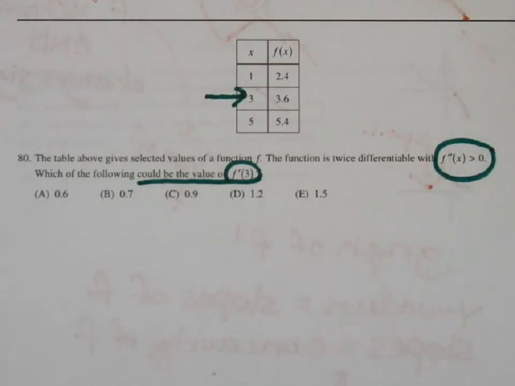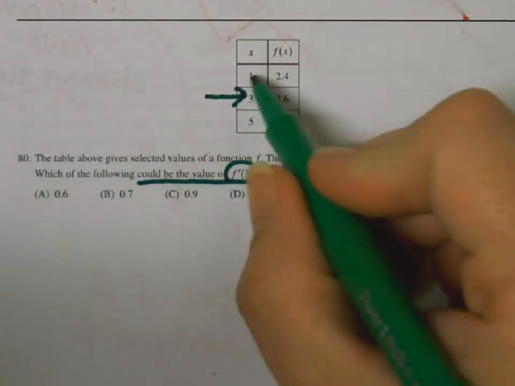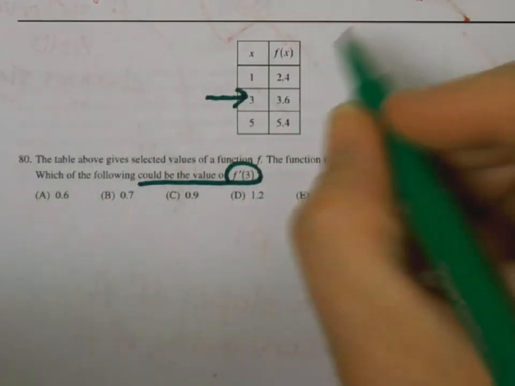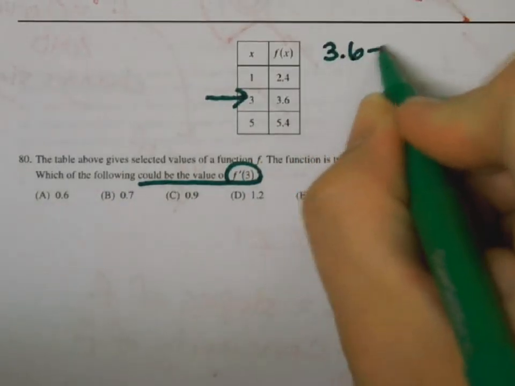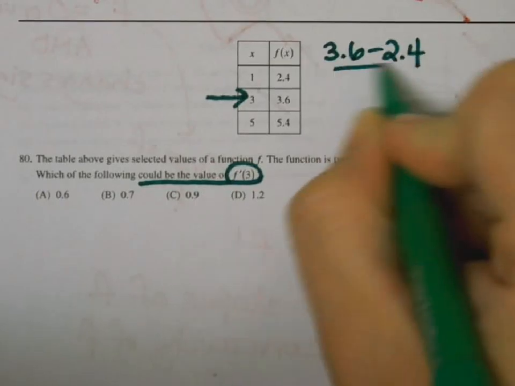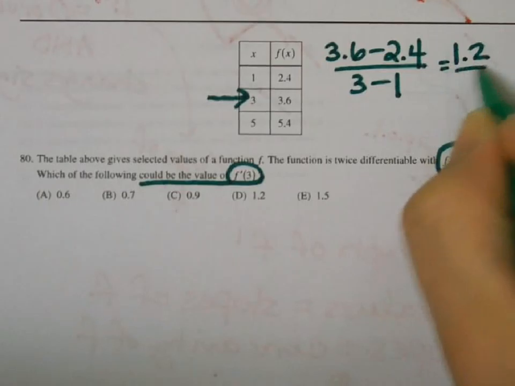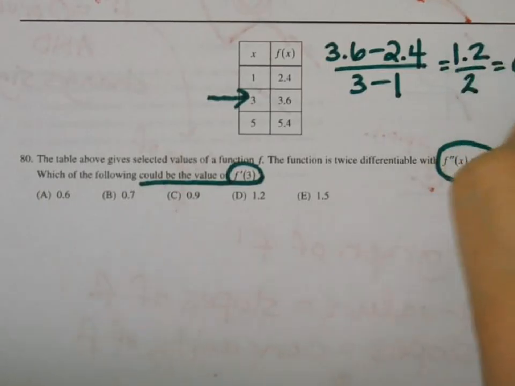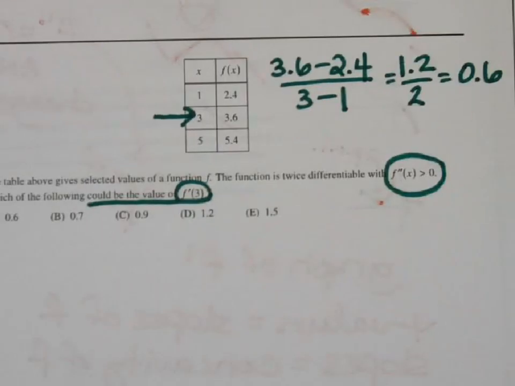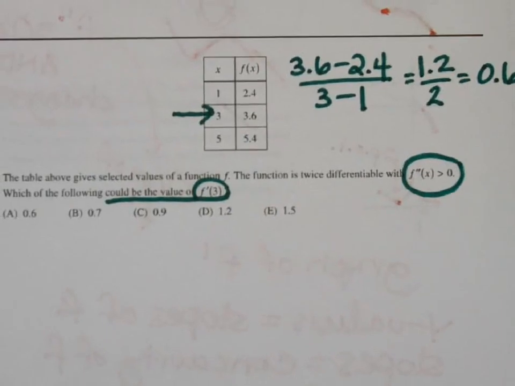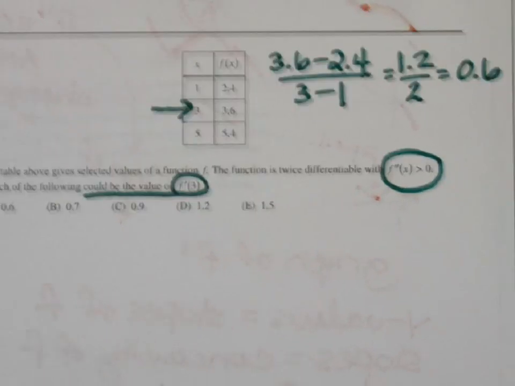You get 1.2 over 2, which is 0.6. That's an estimate of the derivative at 3. Another estimate would be to do the last 2 points in the table: 5.4 minus 3.6 over 5 minus 3, which gives you 1.8 over 2.